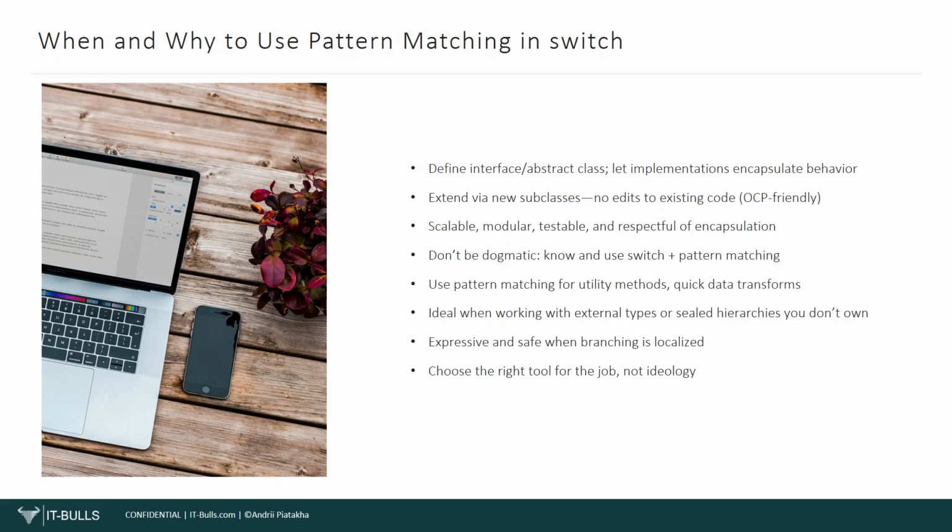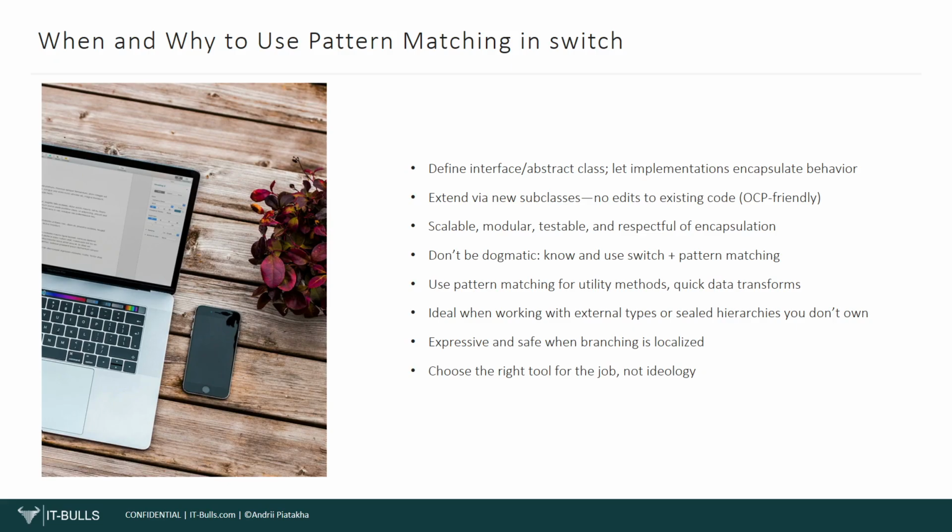In those cases, pattern matching gives us the power to write code that is both expressive and safe. So even if you, like me, prefer polymorphic designs most of the time, understanding how to use pattern matching in switch makes you a more versatile and effective Java developer. Because in the end, it's not about favoring one approach blindly, it's about knowing which tool to use for which job. That's all I plan to discuss with you in this lesson.